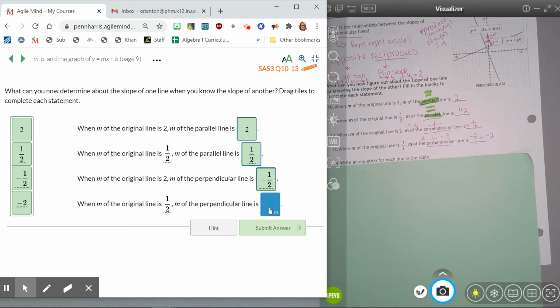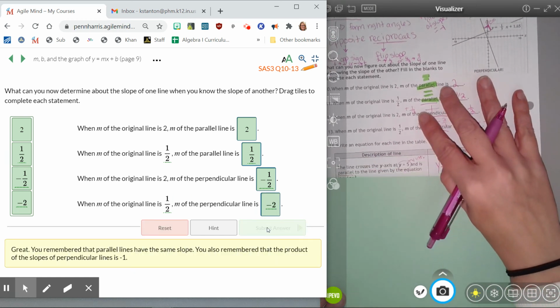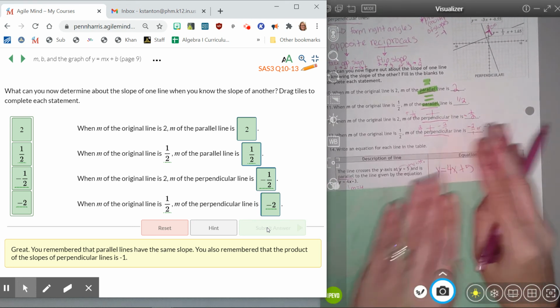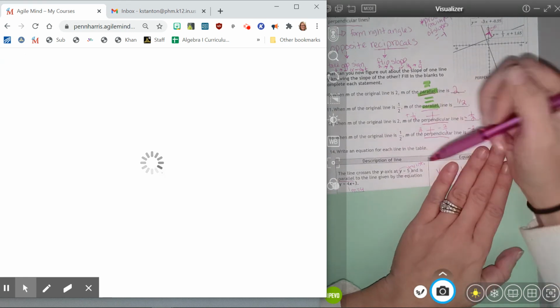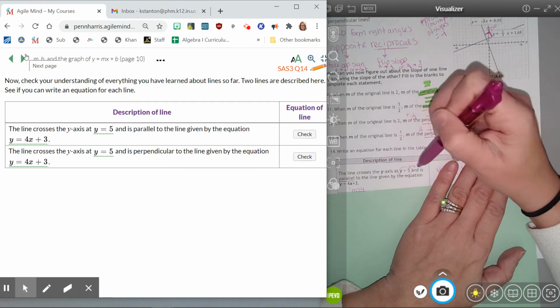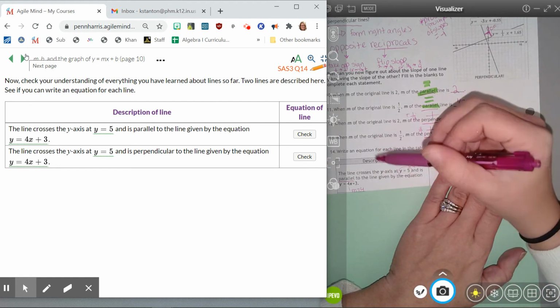So now what they want us to do, they want us to write equations for each of these scenarios. Okay, so on this one, we have a line. The line crosses the y-axis at y equals 5. Again, guys, that's going to be our y-intercept, and it's parallel to the line given by the equation y equals 4x plus 3.